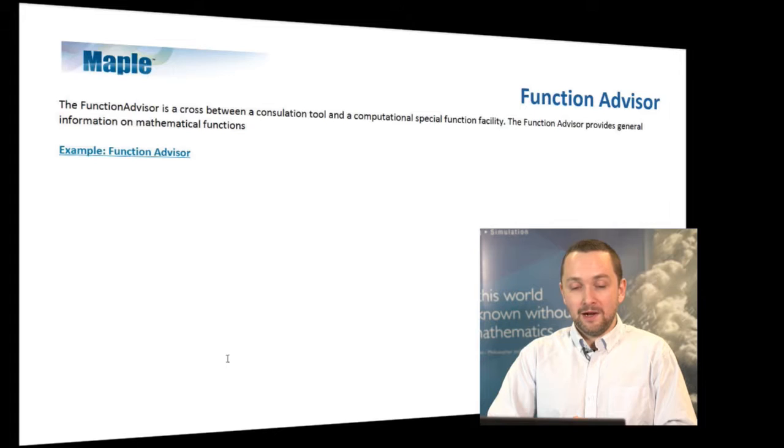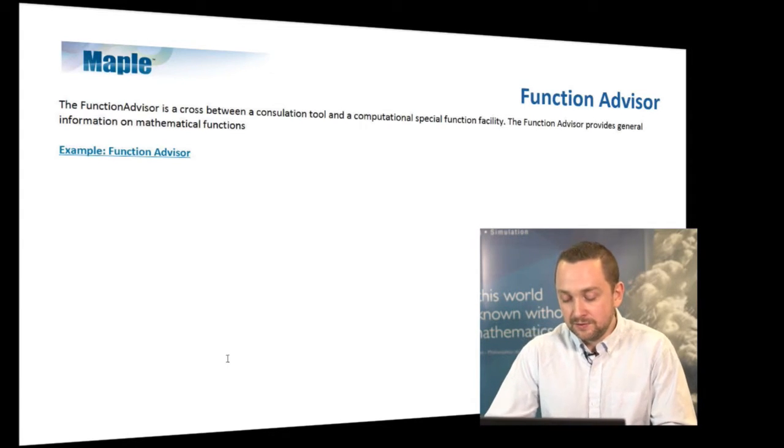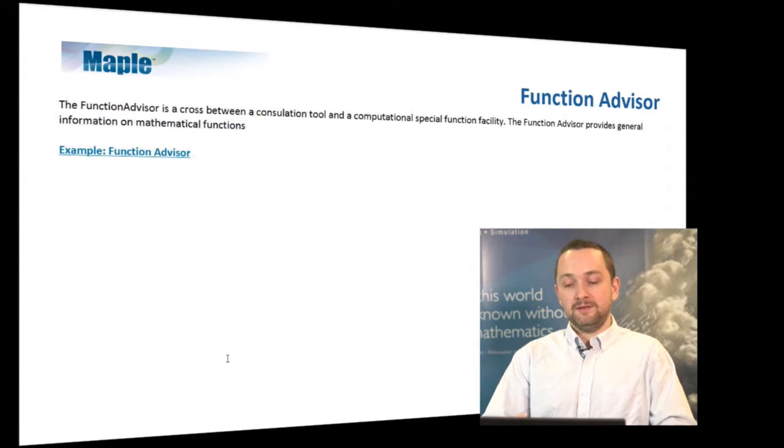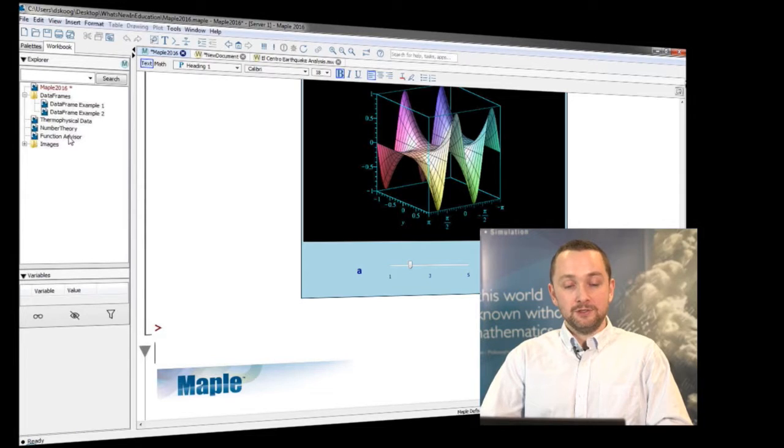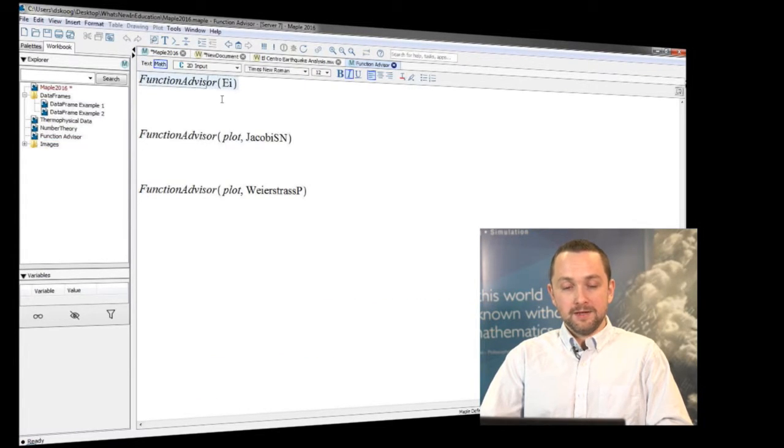So let's open up an example for the mathematical function advisor. You can access this just using the command FunctionAdvisor, whose first argument is a function you want to explore. So in this case, let's explore the function Ei. I'm going to go up here, Edit, View, Sections, Expand All Sections, just to give you an idea of what's returned here.